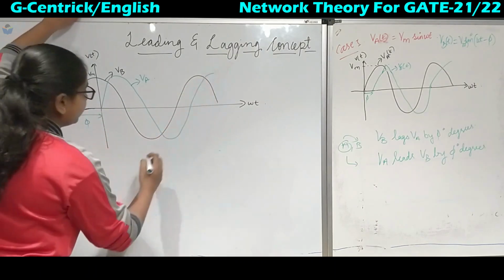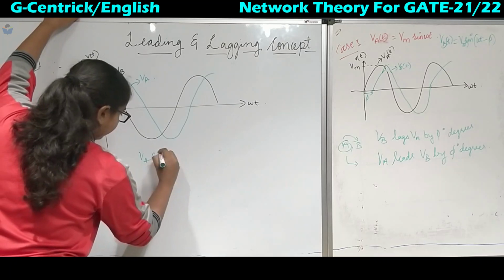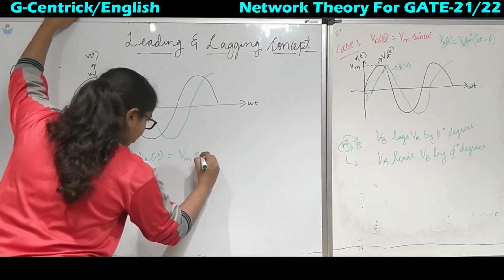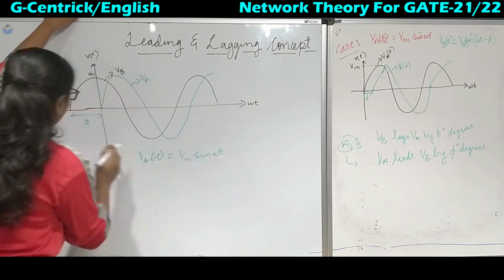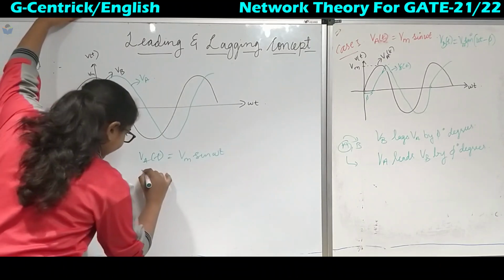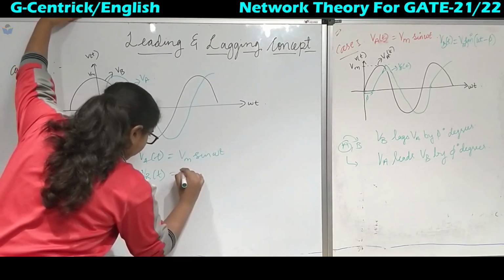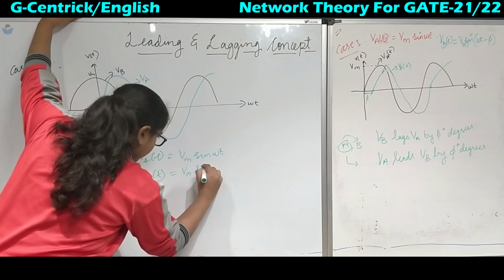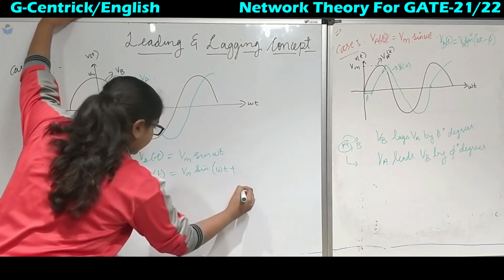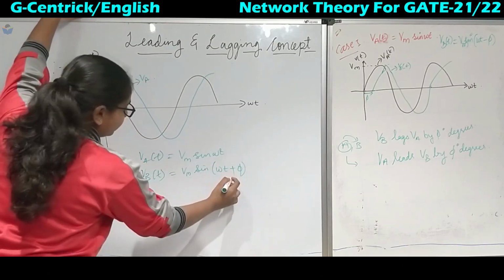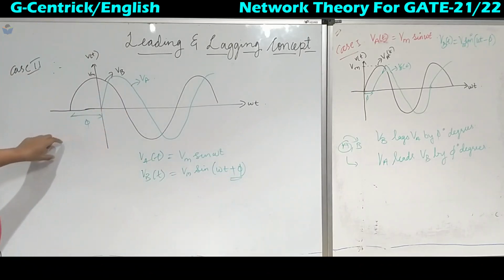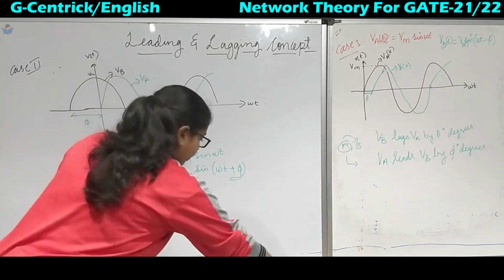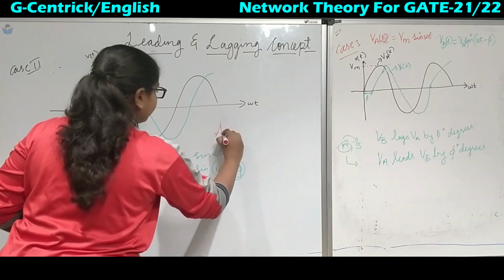Va will remain as it is, Va of t will be Vm sin omega t. Since B has left early, we will write the equation as Vm sin of omega t plus 5. We will call this advance because it's early.